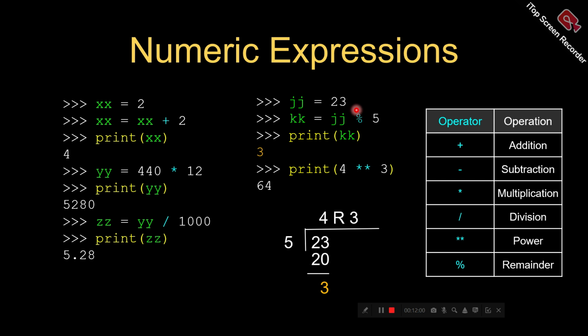For finding the remainder, we use the percentage symbol. Why is this remainder operator there? Basically, if you want to know whether some value is divisible by some number or not, that time we use the remainder. There are many other operations where this remainder value is required.